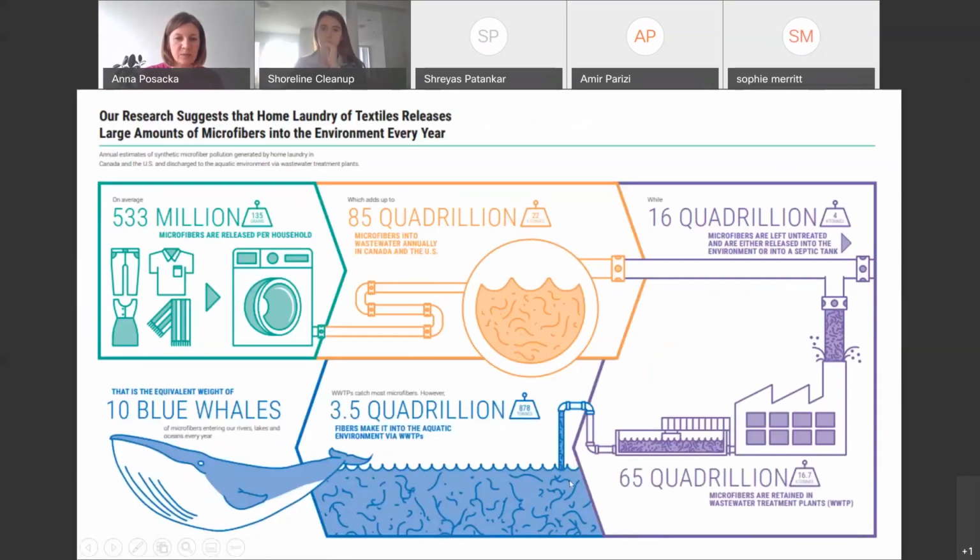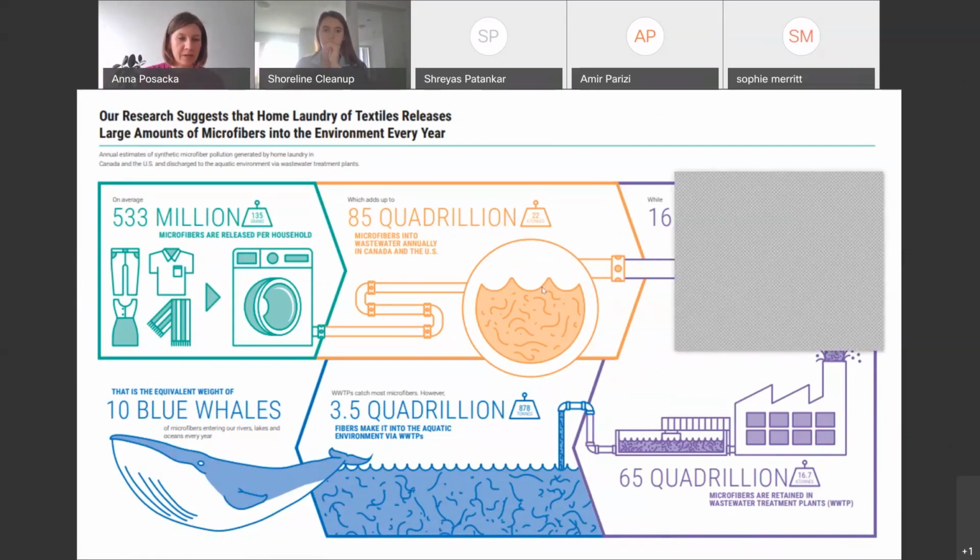And let's proceed to the next slide. So what we were able to do with the research that we did on textile microfibers and wastewater is to put it into a bigger context. So this infographic shows estimates for North American domestic laundry, North American household, pardon me.